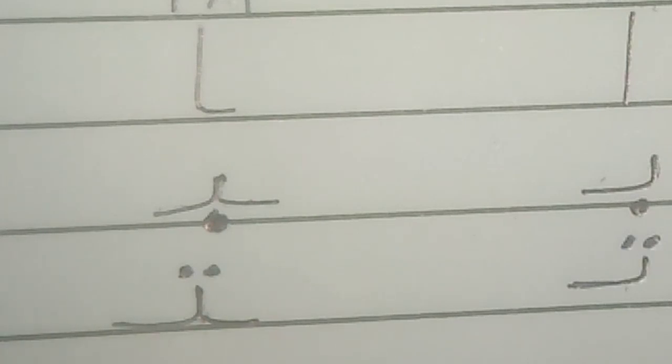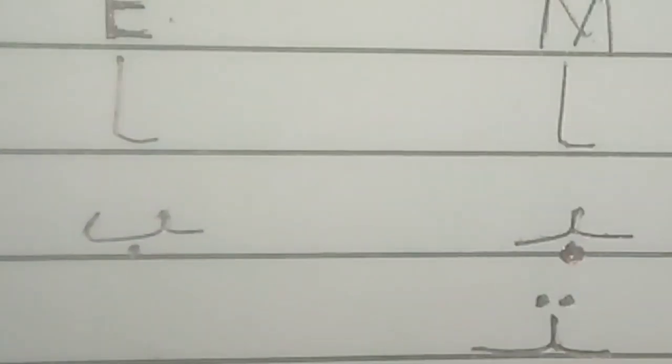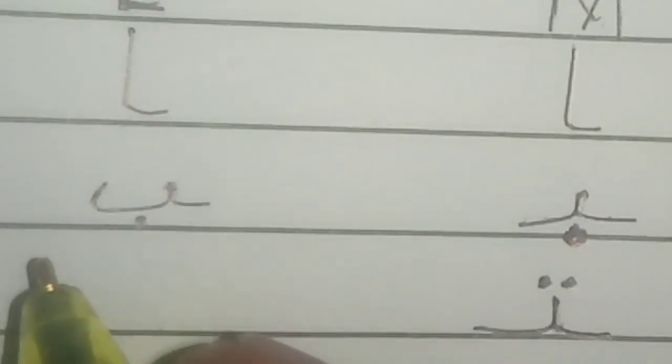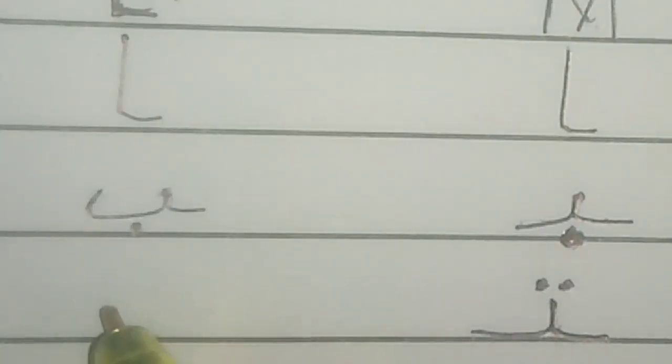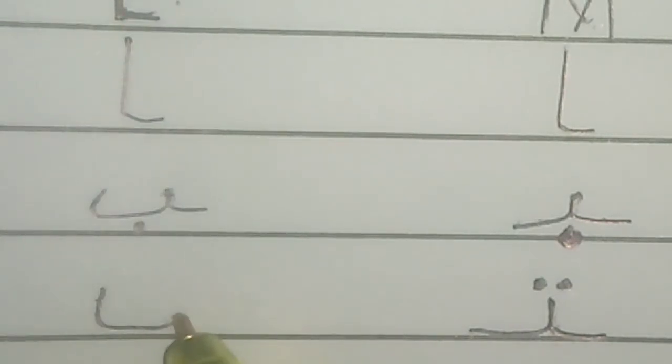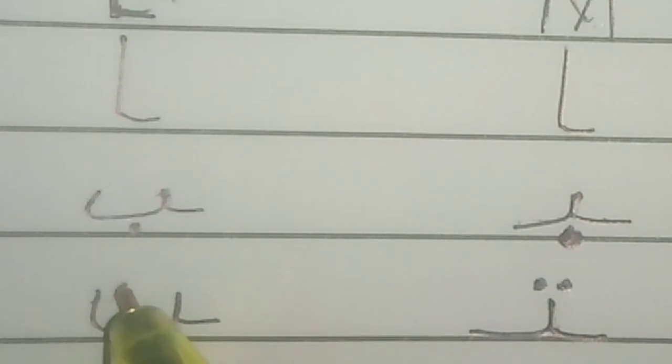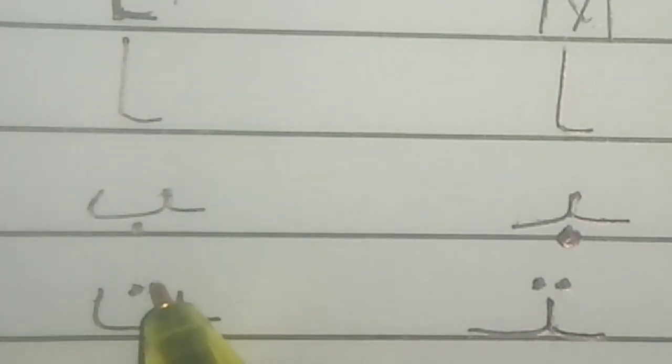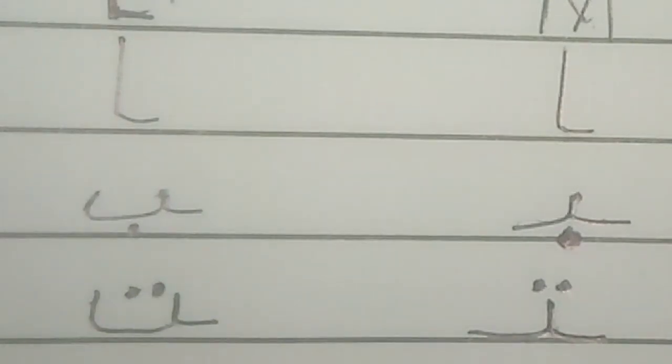It connects to both sides. And Ta at the end is also similar to Ba at the end. So Ta at the end looks like this. It connects to the right, with its own two dots above it.